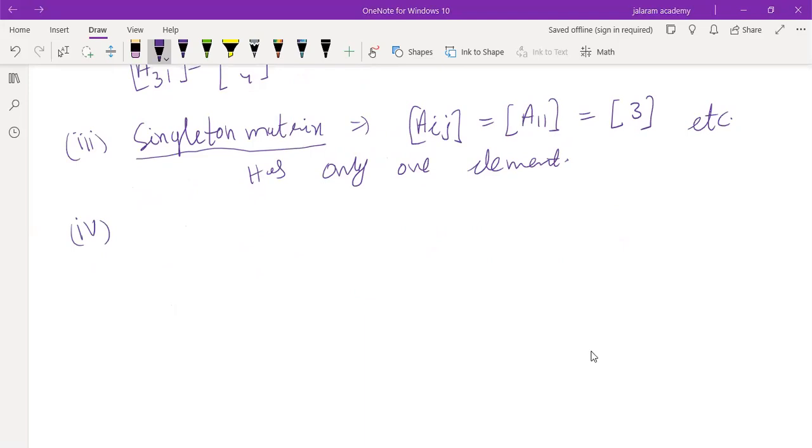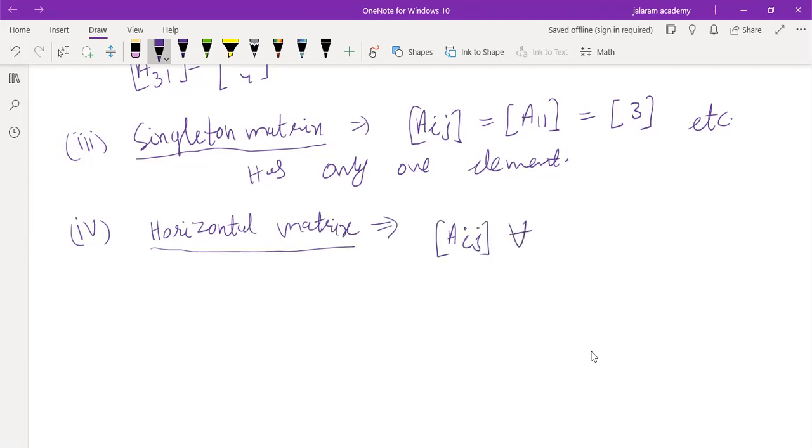Fourth, horizontal matrix. Horizontal matrix means a matrix Aij in which the number of rows is less.